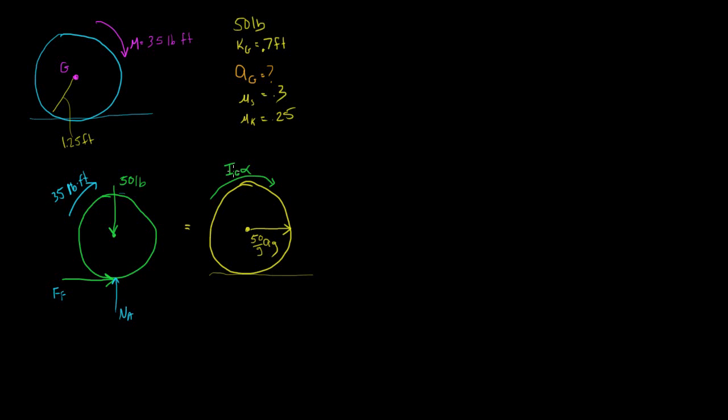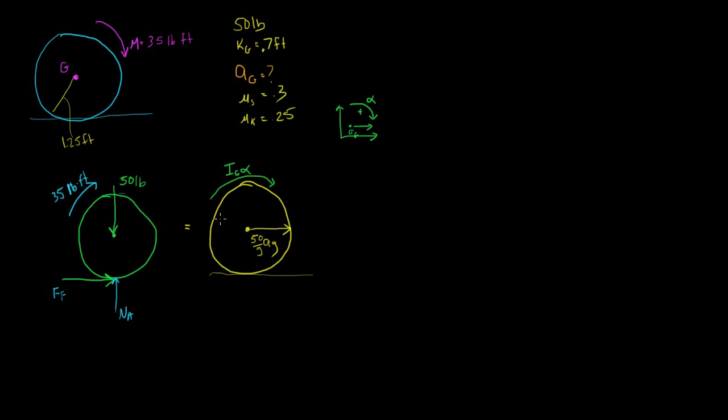This Ig is our moment of inertia about point G times our angular acceleration, and it's going in the same direction as this cylinder rolls. So it's rolling counterclockwise and its mass is going to the right. So this is our positive angular acceleration, and our center of mass is moving towards the right, so this is our positive center of mass.